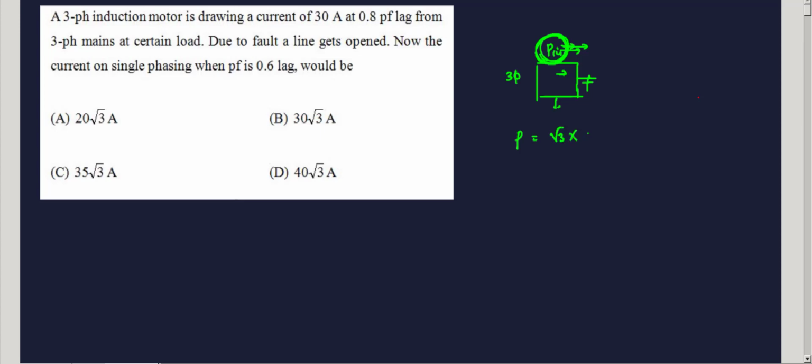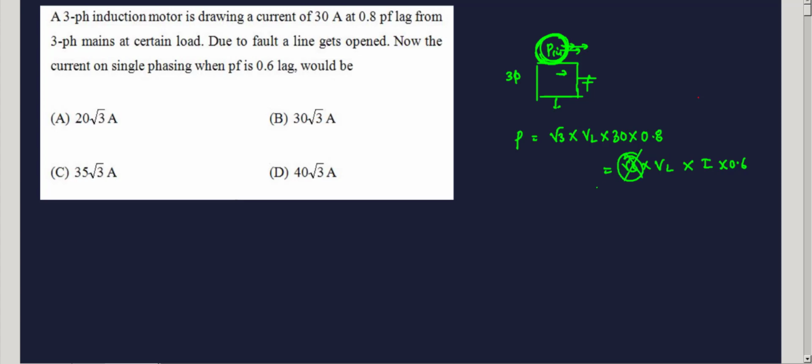Root 3 VL I cos phi. Before single phasing it is root 3 VL into 30 into 0.8. The same power after single phasing, it does not have the root 3, so it is VL into I into 0.6.